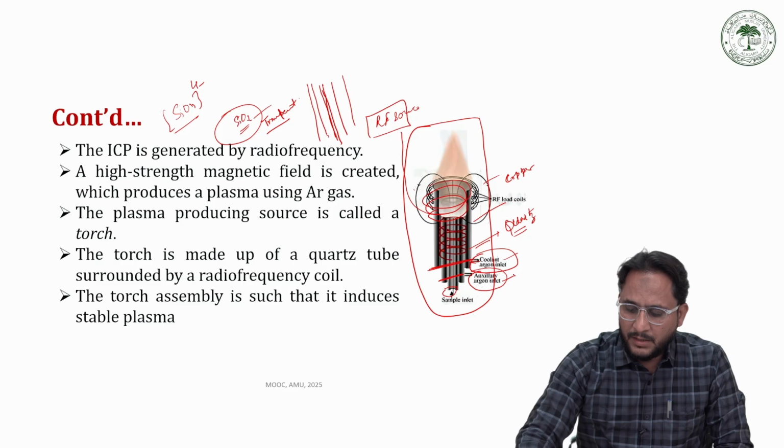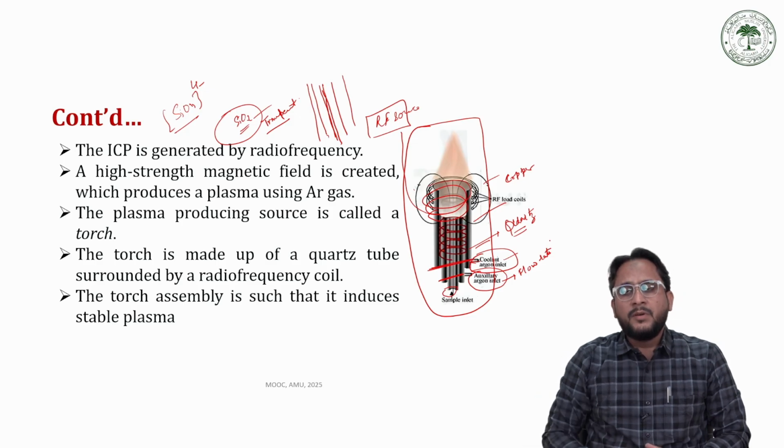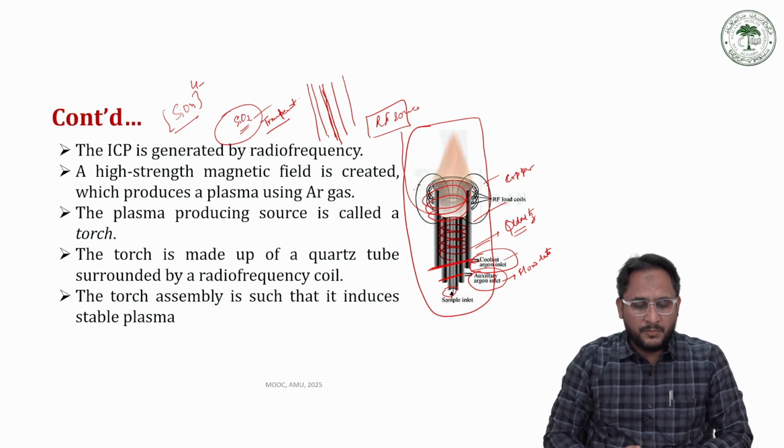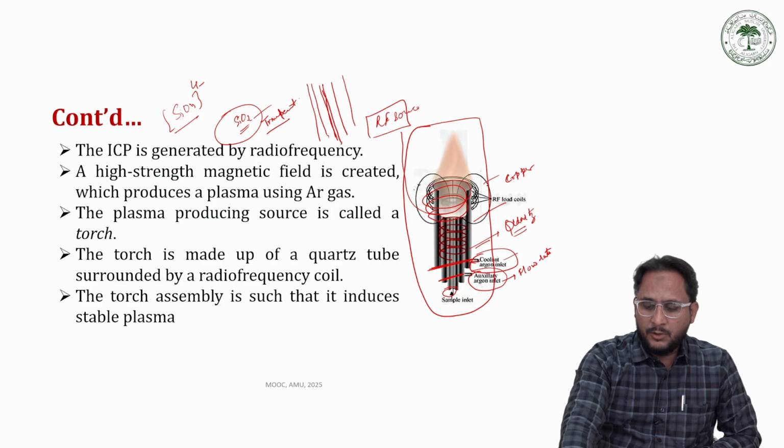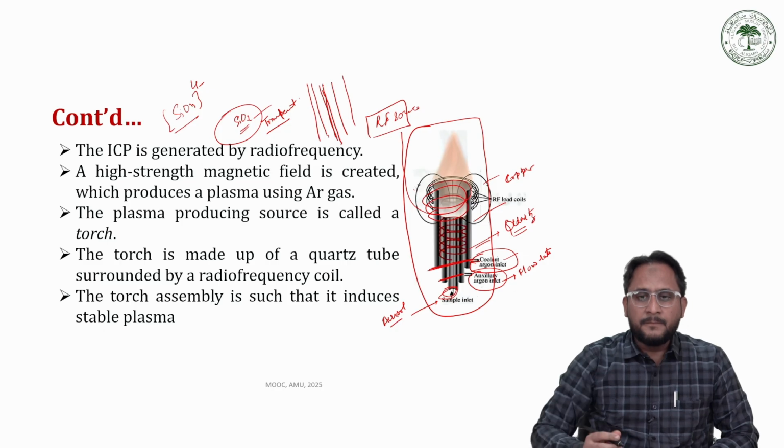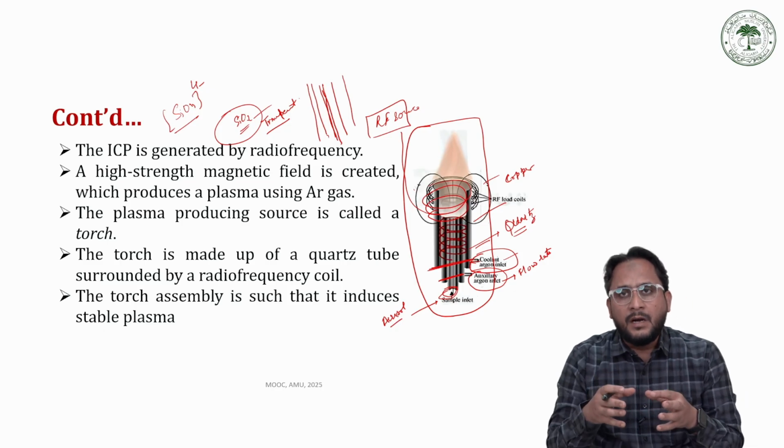So we need high flow rates here, because only high flow rates can sustain such a high plasma. And then this inner tube is used for passing aerosol sample, which is already prepared in argon gas.